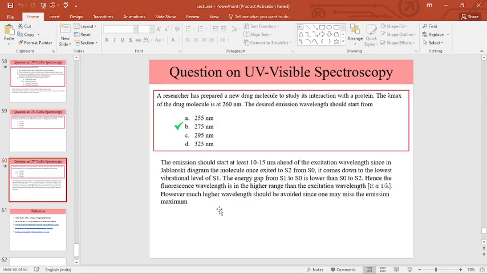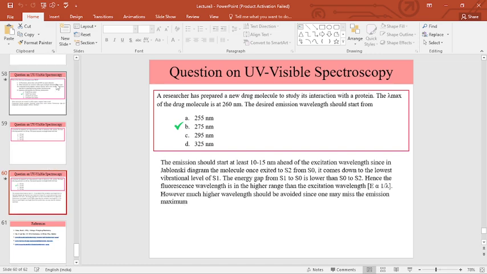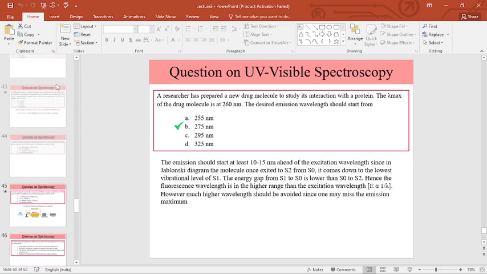It comes down to the lowest vibrational level of S1. The energy gap from S1 to S0 is lower than that of S0 to S2. Hence the fluorescence wavelength is in the higher range than the excitation wavelength. They have given the formula, and therefore the higher wavelength should be avoided since one may miss the emission wavelength.